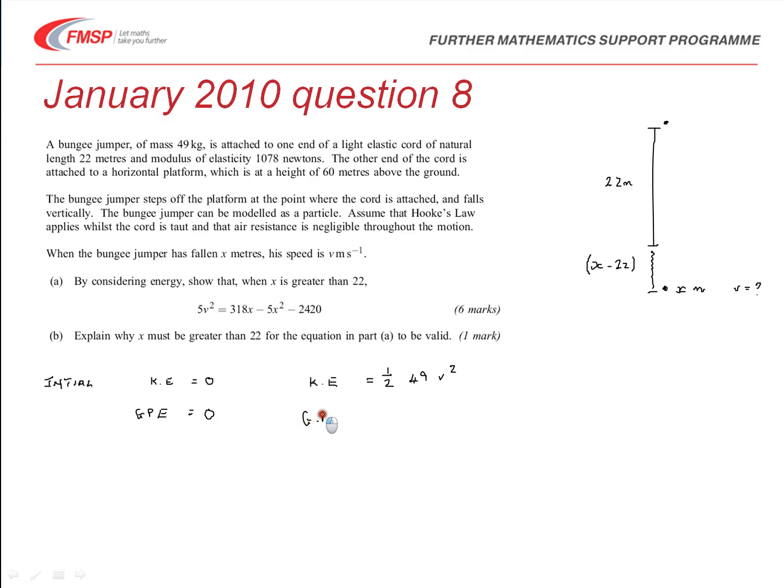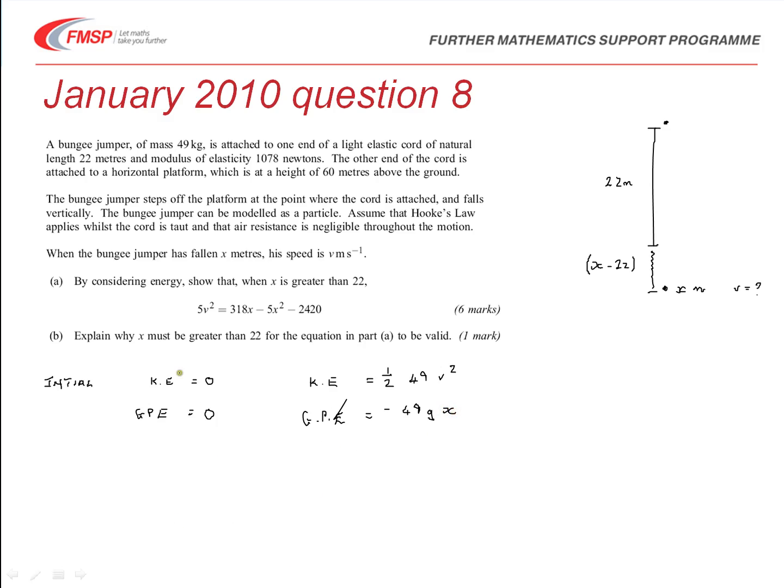Then the gravitational potential energy will be negative the mass, which is 49, times gravity times the distance which has been fallen, which is x.